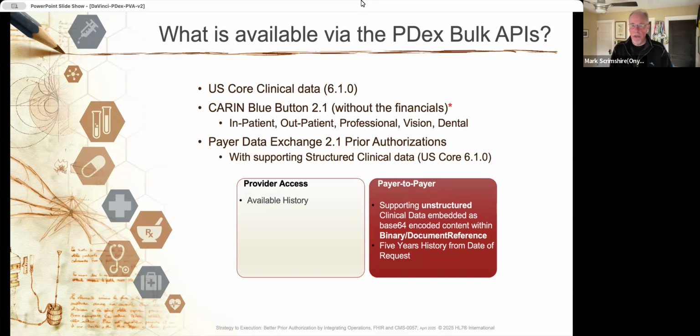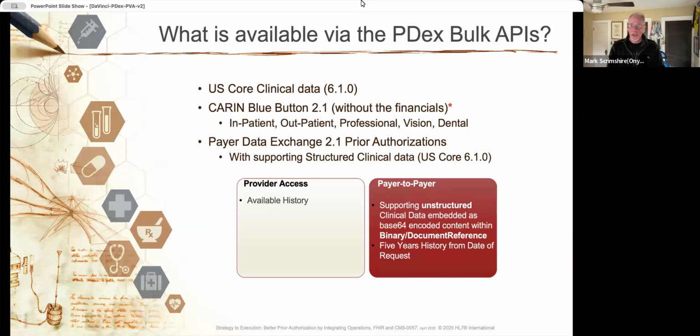So think of it as all the monies have dropped. For inpatient, outpatient, professional, vision, dental, you'd know who did what, when, to whom, where, but not how much. So it provides a fair bit of information. It's a redacted version. If you look in that guide, you're looking for the basis profiles.